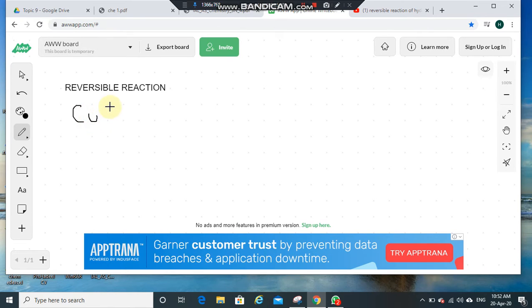The hydrous copper sulfate is CuSO4.5H2O. This 5H2O means we have hydrous copper sulfate. By heating, I will produce anhydrous copper sulfate, which means copper sulfate without H2O.